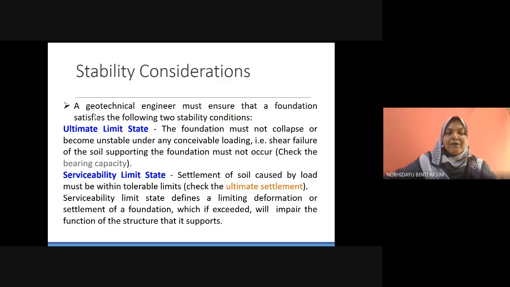So that is the difference between ULS and SLS. You have to consider these two conditions in your design.